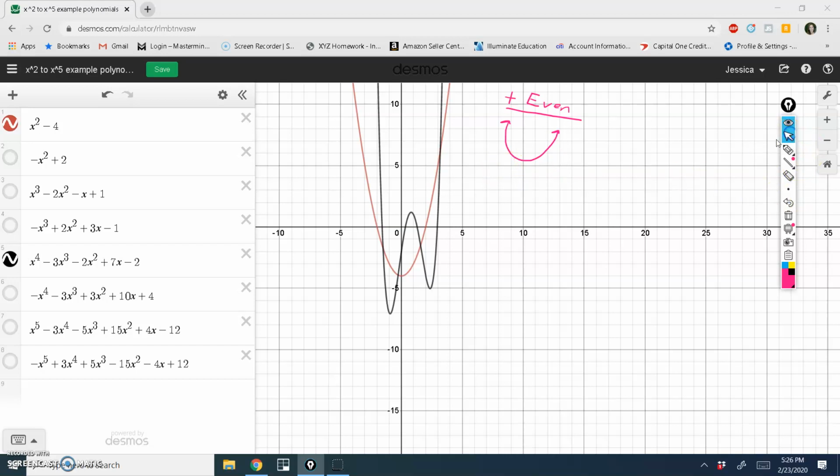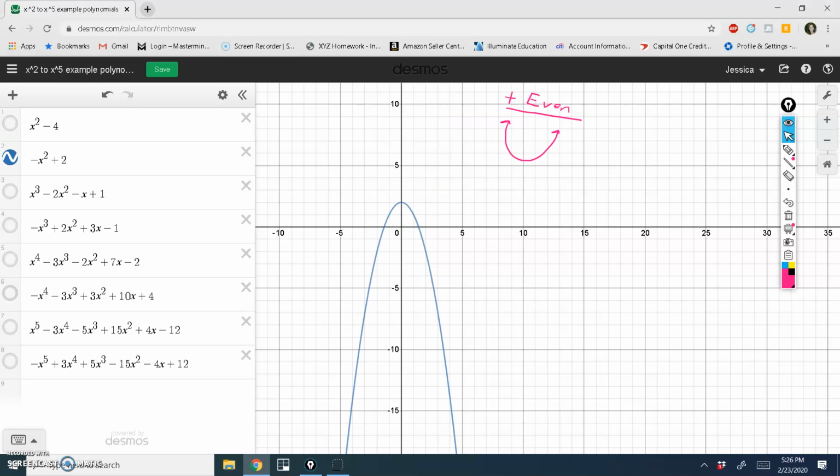So that's an even. Now let's look at some even negatives. I've now triggered the even negatives. So a negative even, no matter what, even though it may have some bumps, will always eventually take the shape of a frowny face, or upside down, or concave down.